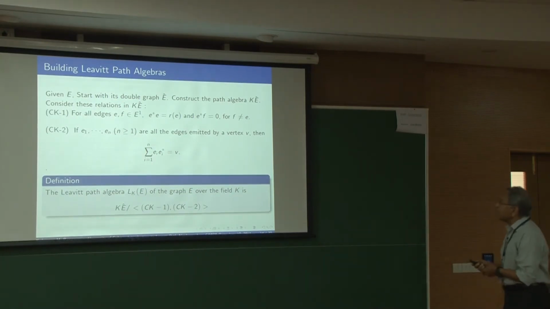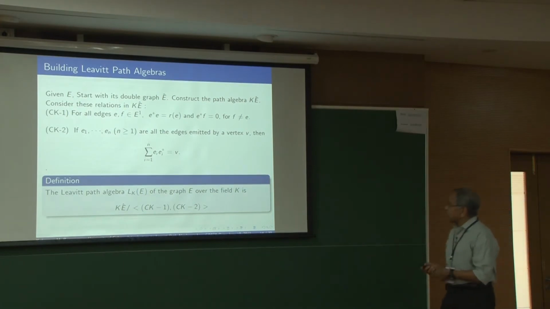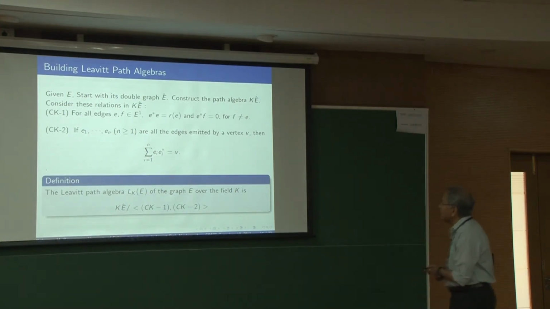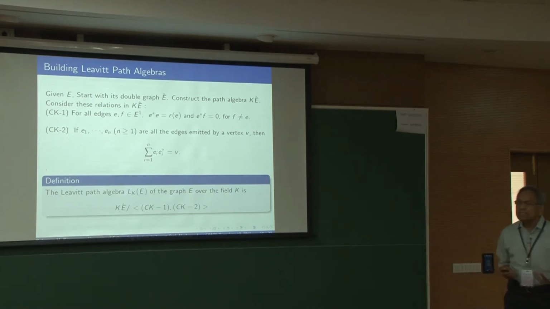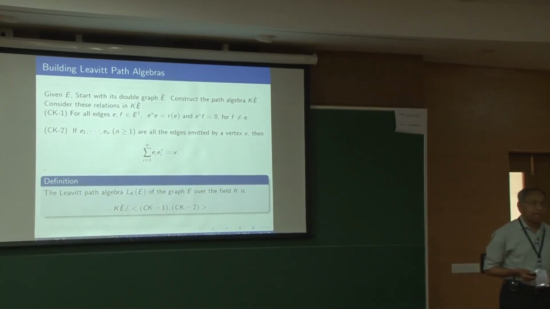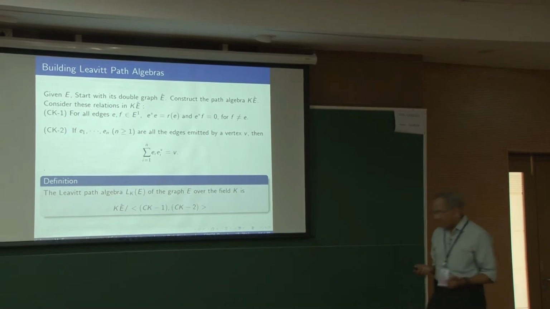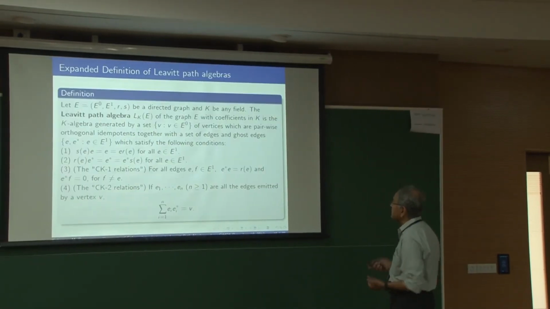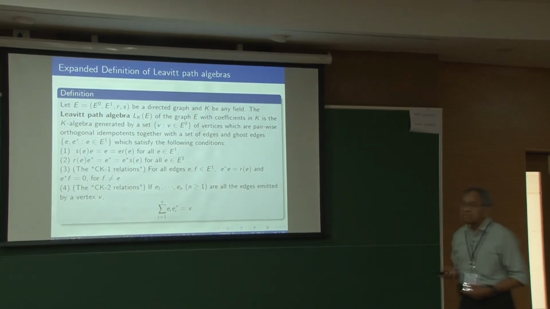So if I have a path algebra of the extended or double graph, modulo these two conditions, CK1 and CK2, that is defined as a Leavitt path algebra. Or if you want to expand it and write all the details, it is another way of saying the same thing.